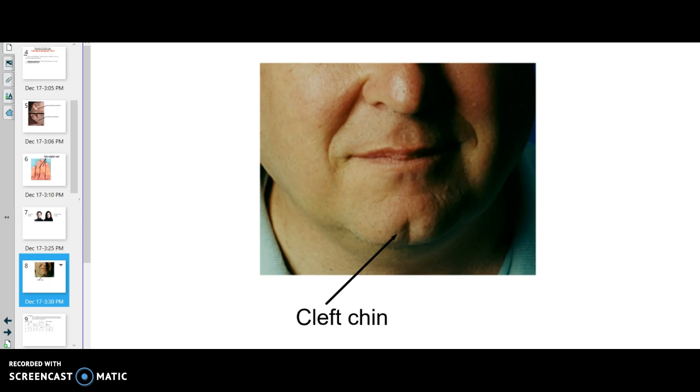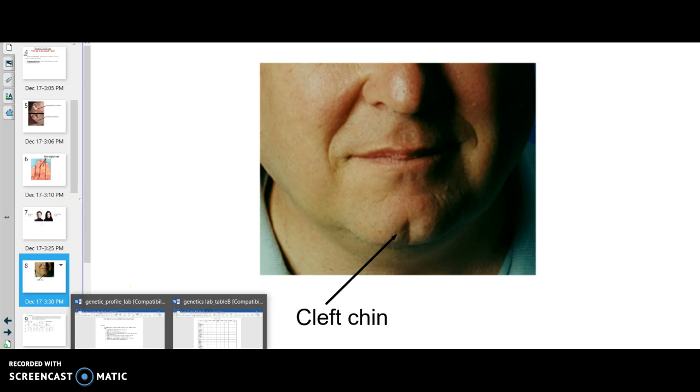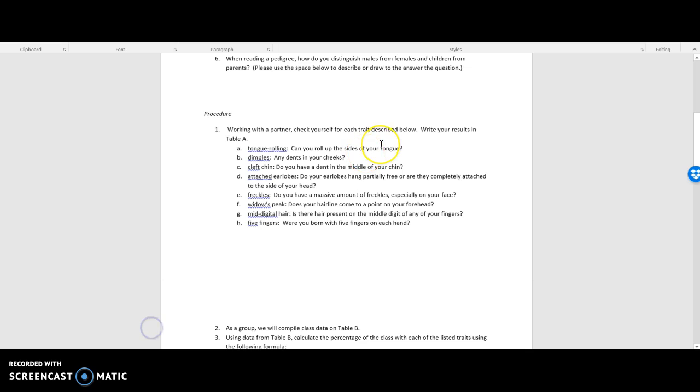Another one that you may have some questions about is a cleft chin. You probably know a cleft chin as more of an indented chin. That little line there, or sometimes called a dimple in your chin, is a cleft chin. Those are the ones that are probably not as identifiable as some of the other ones.